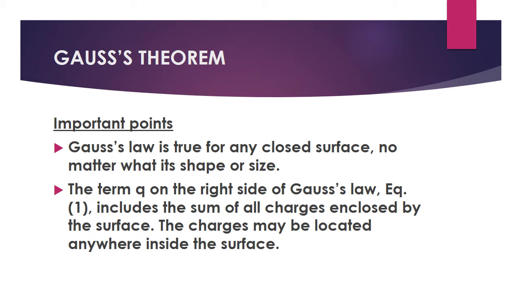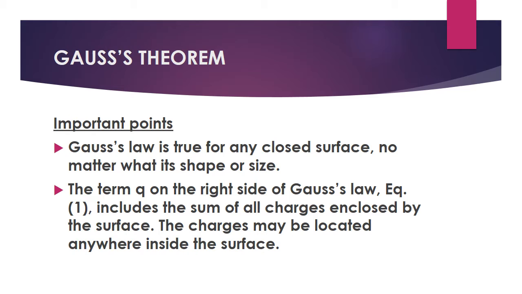From the definition or the statement of Gauss's theorem, let us see if we can make out some important points with regard to Gauss's theorem. We have seen that in its original form, Gauss's theorem is true for any closed surface, no matter whatever its shape or size.